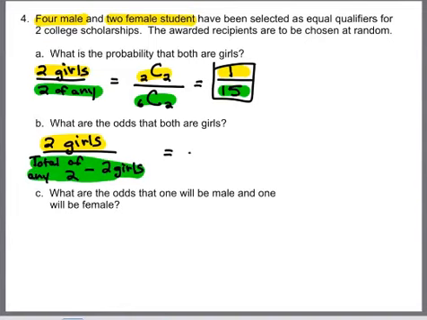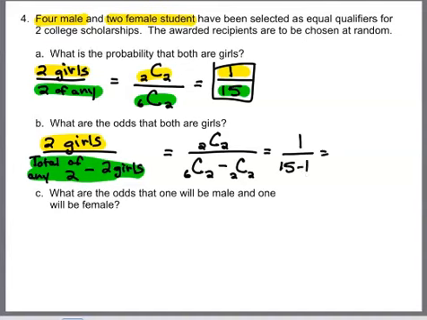So we already know how many ways we can pick two girls. Out of two total girls, how many ways can we pick two? Total of any two is 15, and then we're going to minus that one there. So we know this is a 1. This is 15 minus 1.